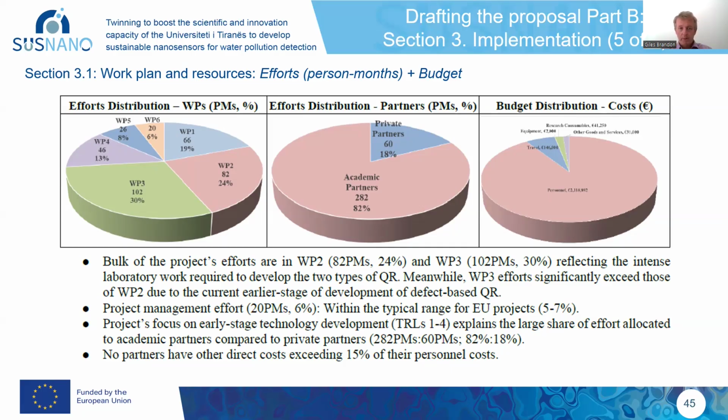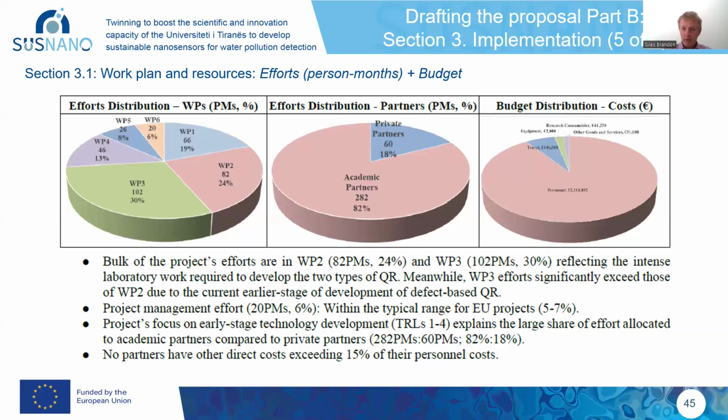Then in the middle figure, the middle pie chart, you see I've done a pie chart where I show how many person months and what percentage that means, the split between academic partners and private partners.